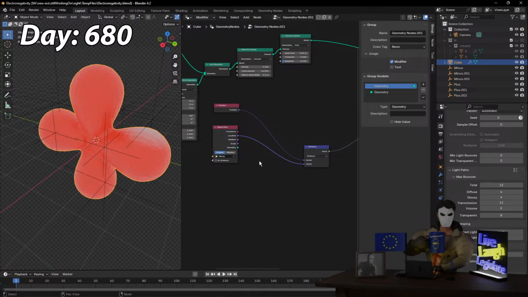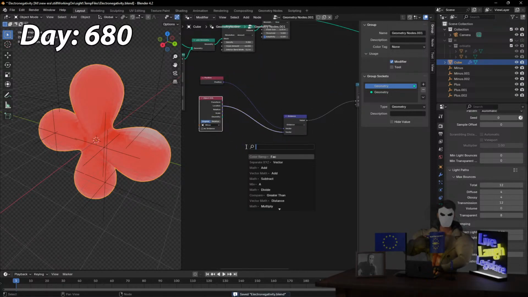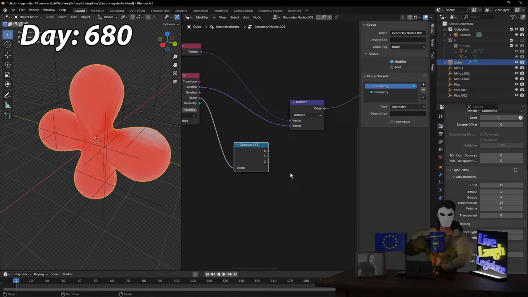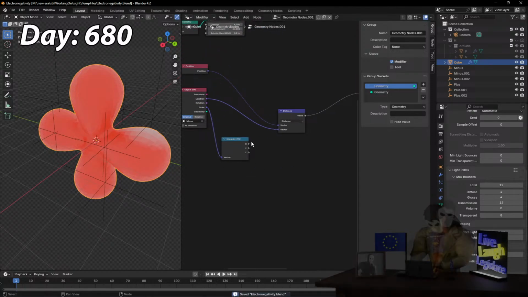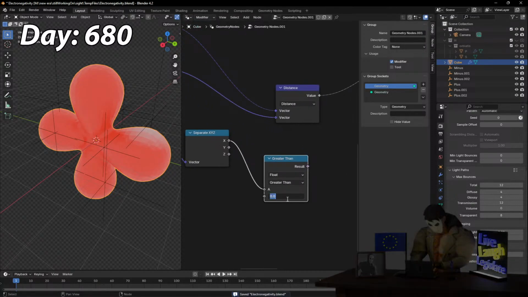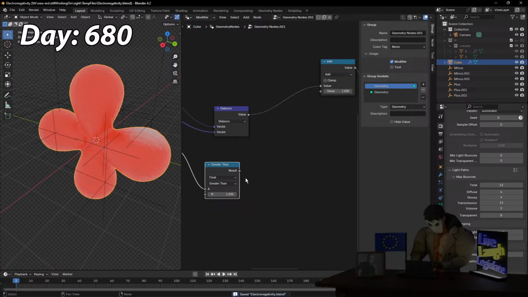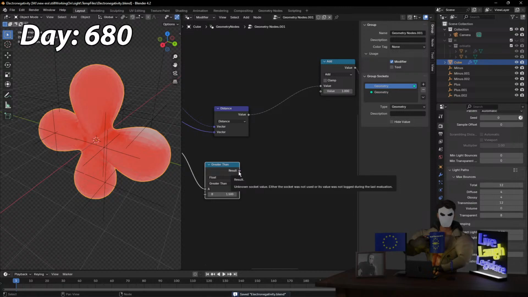So if we take the scale of each empty, and if we check math, or separate XYZ, doesn't matter, it's uniform in all of them. If we take the x, for example, and check if it's greater than 1.5, then this will return a 1 if it's greater, and 0 if it's not.